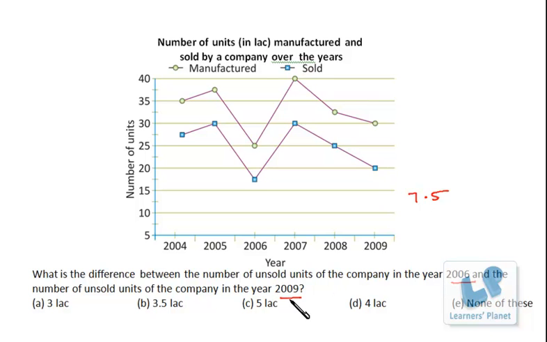And the other is 2009. So 2009 is this. So this is 30 and this is 20. So the difference is 10. That is 10 lakh units were unsold. In this case 7.5 lakh units were unsold. Now we have to find out the difference between these two. So it's around 2.5 lakh, which is not there in the option. So it's none of these, right?